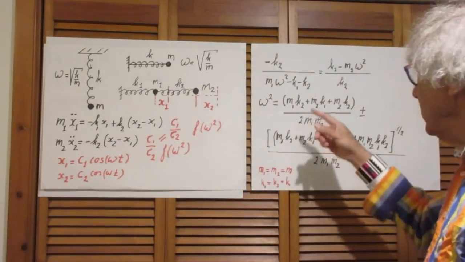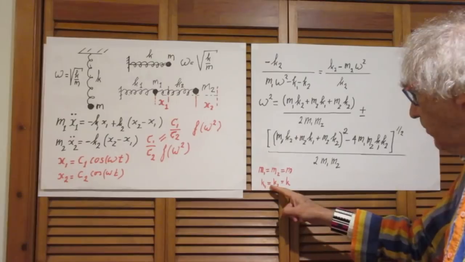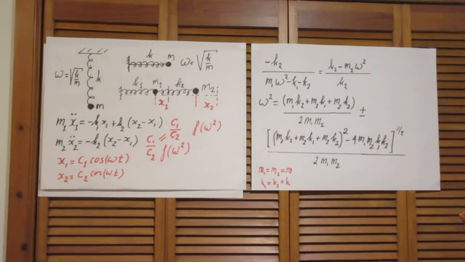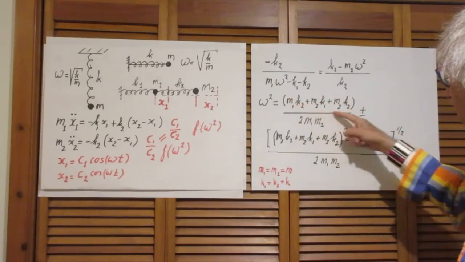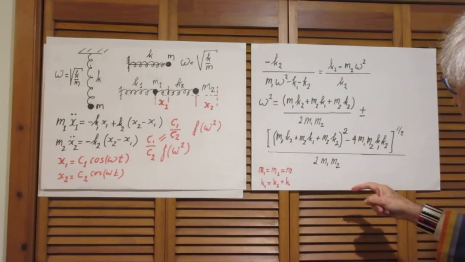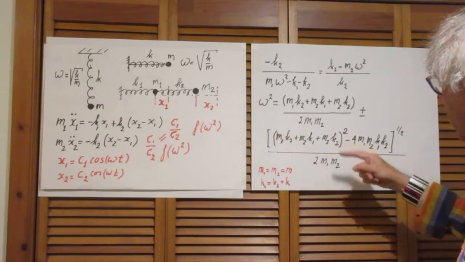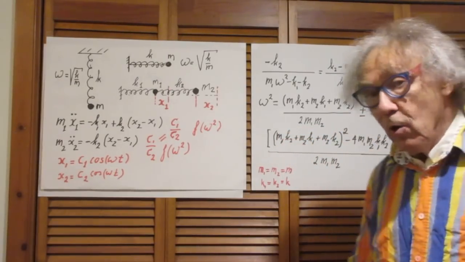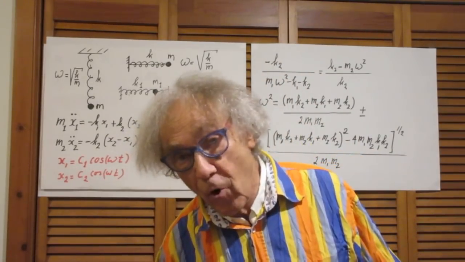I substituted in this equation m1 equals m2 is m, and k1 equals k2 is k. So this then becomes 3mk, and this one becomes 3mk. So it's then very easy to calculate the two values for omega.